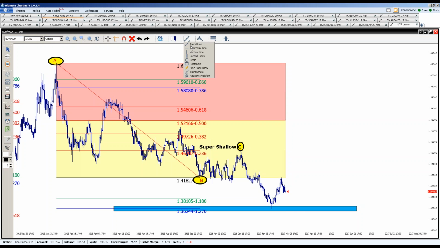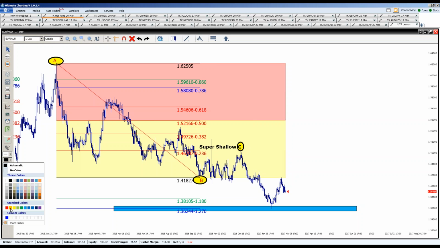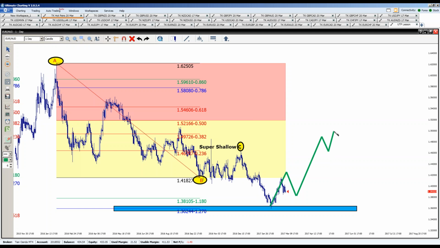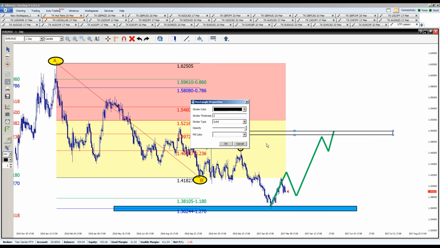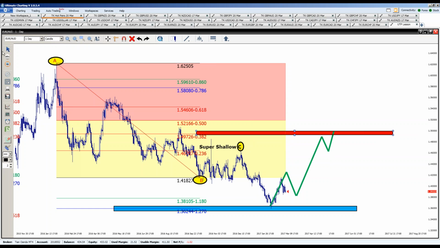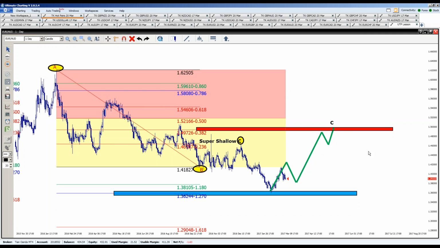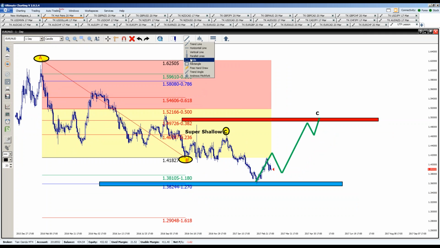And now it is retracing back inside the AB boundary, potentially all the way to the 382 where I'll stop buying. And then we'll see a deeper C, and then we're going to move from that C all the way to the D extension.